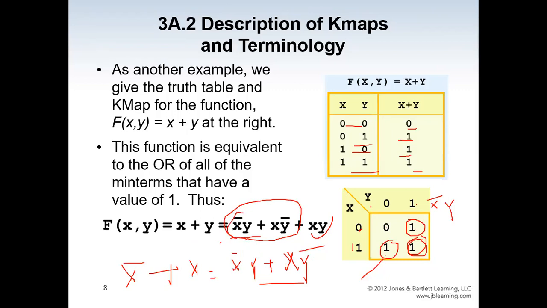If you took x bar y and x into y and wrote y common, what remains inside? X bar plus x remains, y is taken out, right? Understood or not? So in this case it will be x bar plus x, and you know very well the value of x bar plus x is 1.